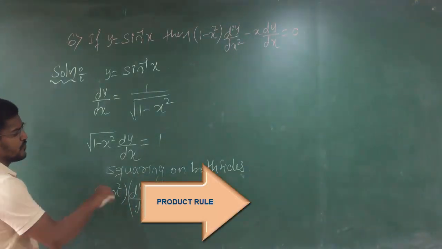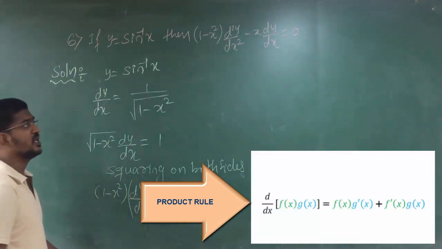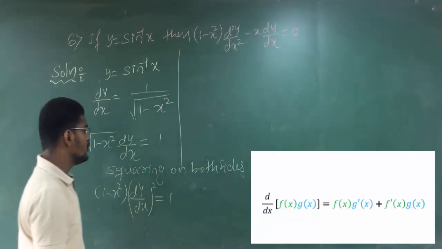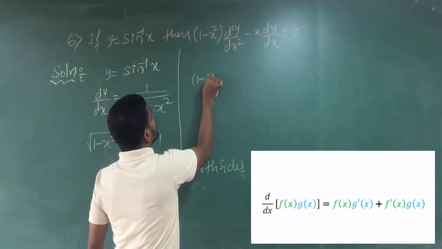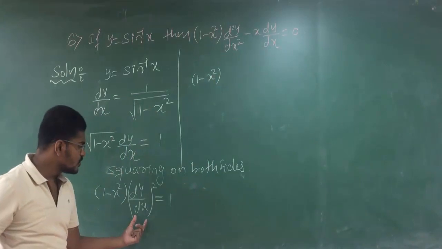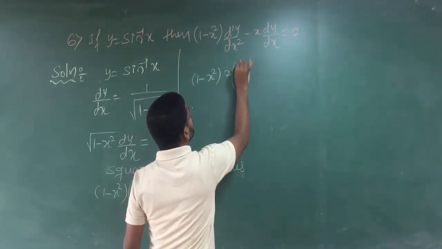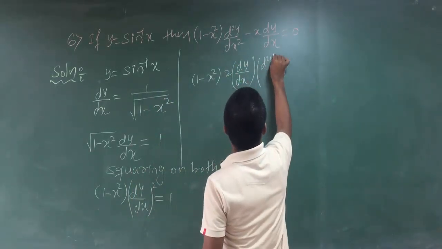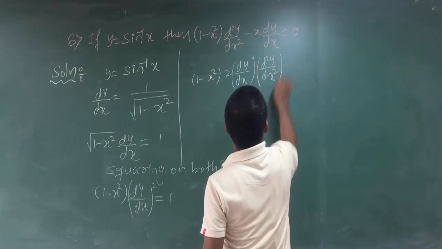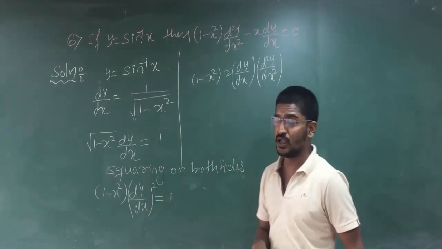So now you differentiate again. This is u into v form. You have to differentiate u into v form. For that, let us take 1 minus x square. If I want to differentiate this by chain rule, it will be 2 into dy by dx into d square y by dx square. Clear, students? Now we have differentiated (dy by dx) whole square.